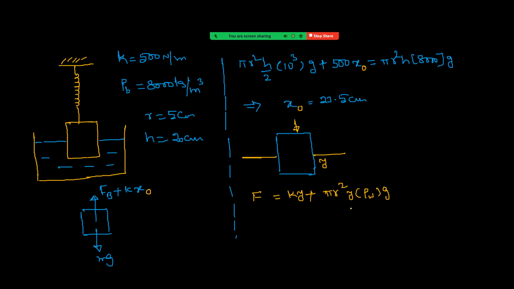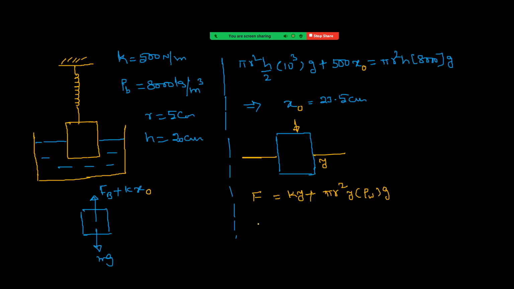Extra spring force, extra buoyancy force. This is now the net force, which is the restoring force. You can see when you press it down, there is extra buoyancy force upwards and extra spring force also upwards.